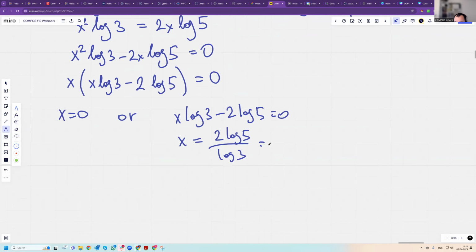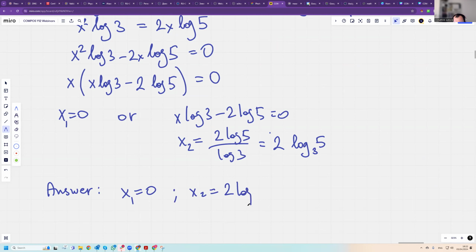You can simplify that as 2 log 5 base 3. That's the answer. So two answers: x1 equals 0, x2 is 2 log 5 base 3.